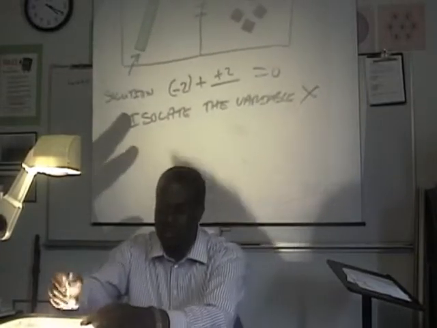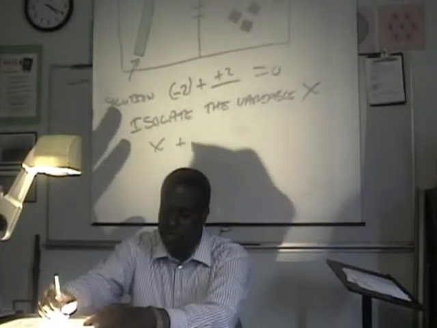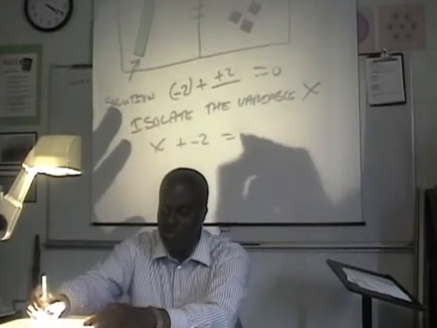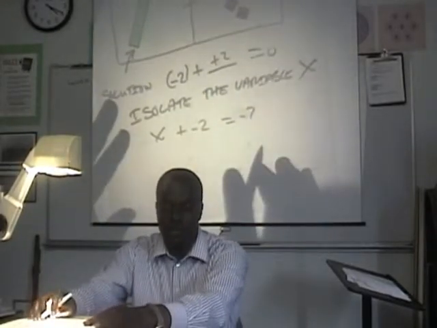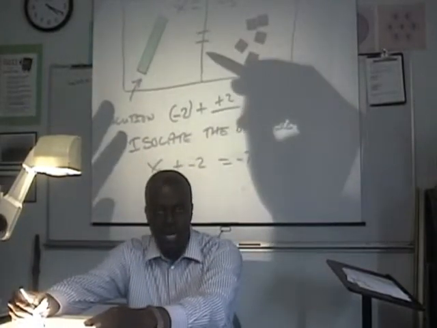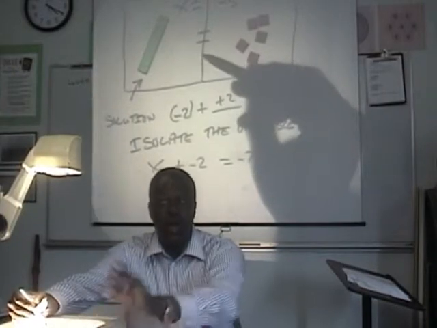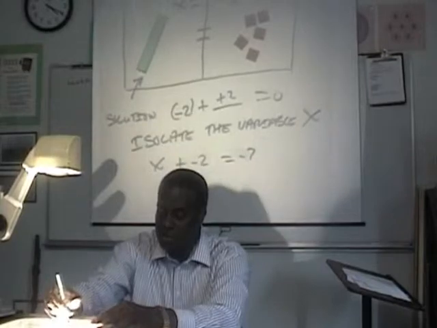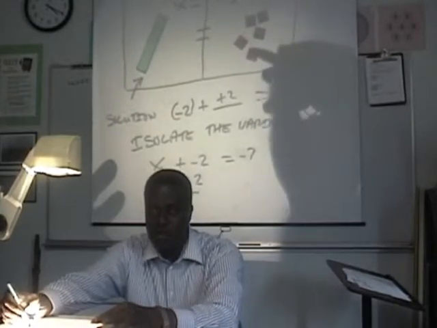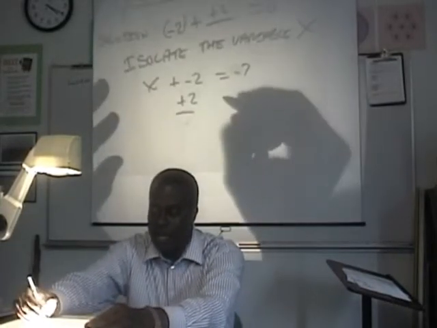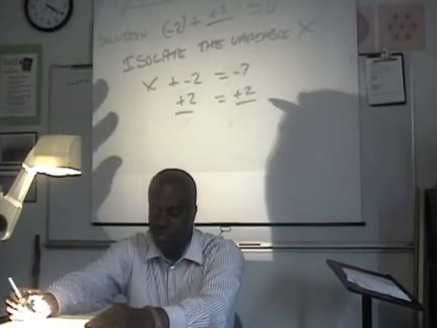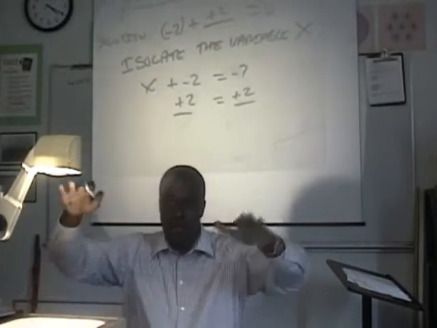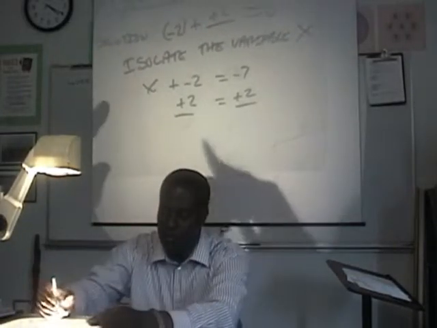Let's rewrite the equation. We have x plus a negative 2 equals negative 7. The first thing we're going to do, what did I do up here with the algebra tiles? I added 2 positives to isolate the x. So if I add 2 positives to this side, I must add 2 positives to this side. Why? In order to keep it balanced, right? So now, what's going to happen?